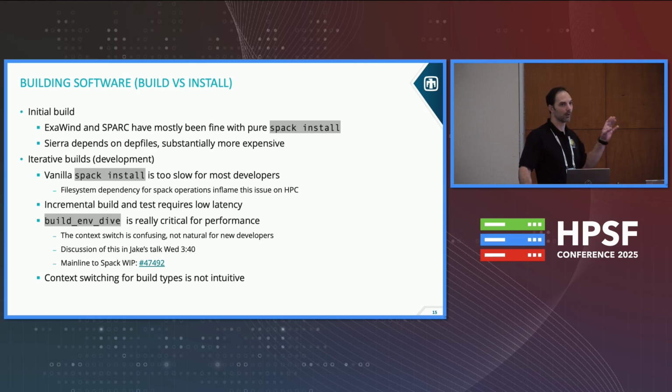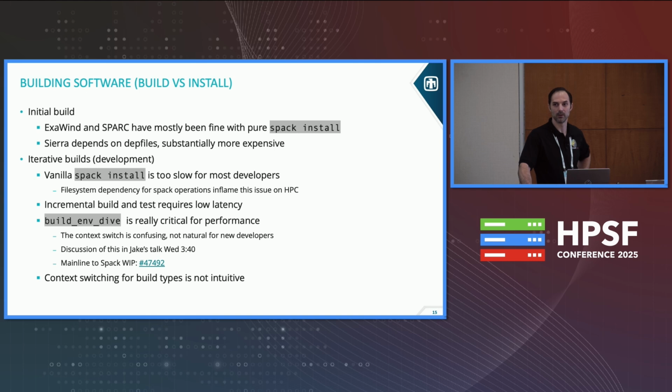We use this thing called dep files, which I'll talk about in my talk, and Kathleen is also giving a talk about how they're going to introduce this as the dominant behavior for Spack, which is good news for everybody. I'm very excited for that. I think it's worth noting that just the name kind of implies the intent. Spack install is about providing an installation, but for development, oftentimes we care more about the build than the install.